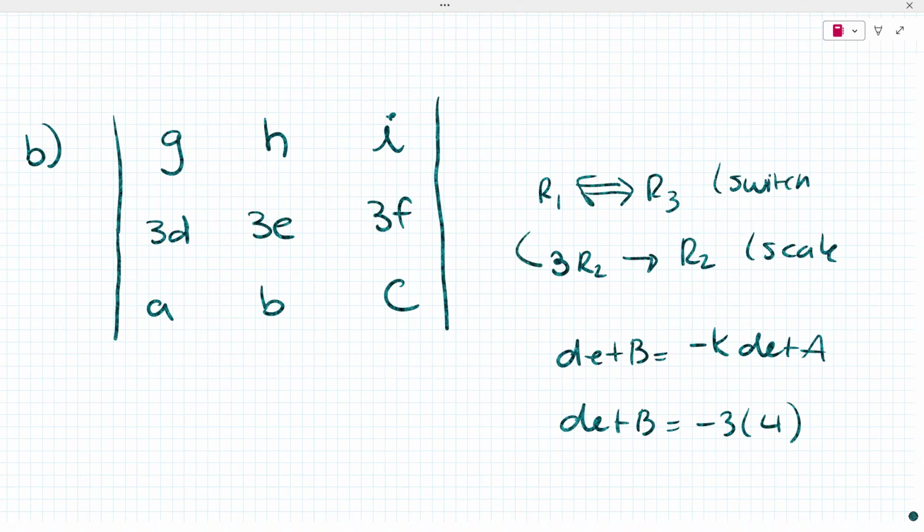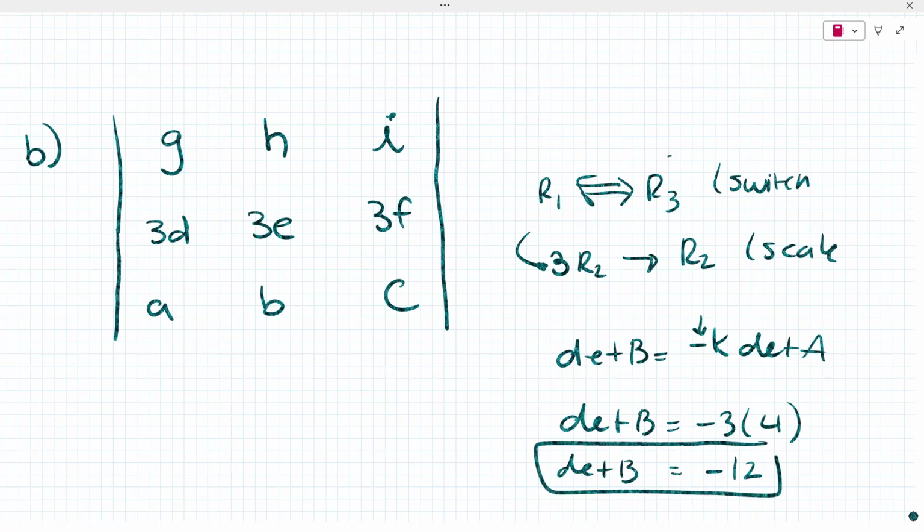Oh, no, sorry. It's this one. Oh, you know why I put a minus? Because we switched it and we did a scale. So there's a minus, and that's why I put a negative K. So that's -3 times 4, which is -12. So determinant B is -12.